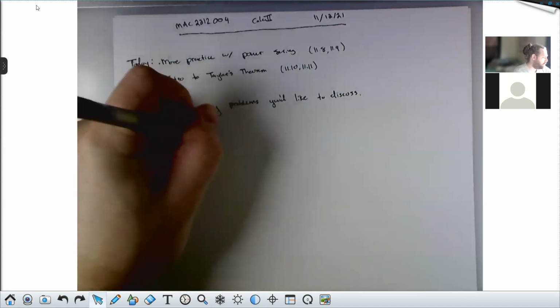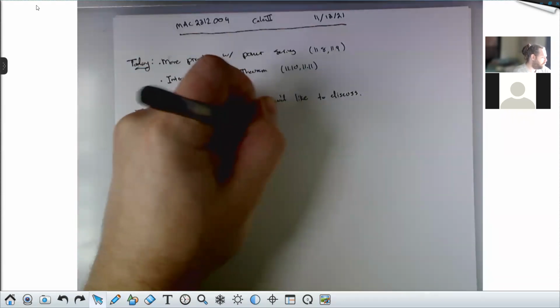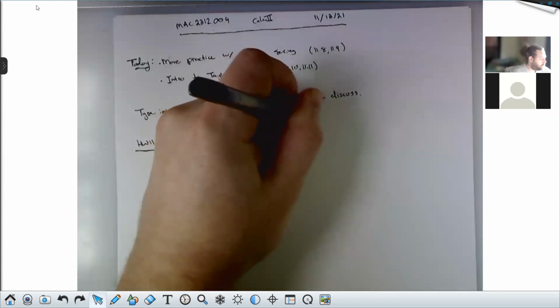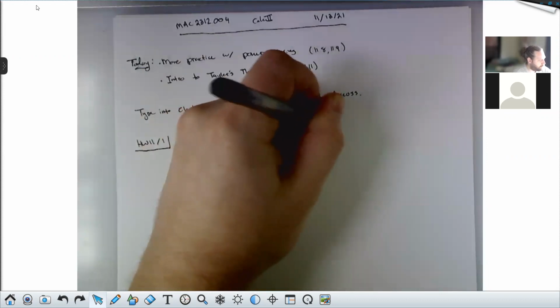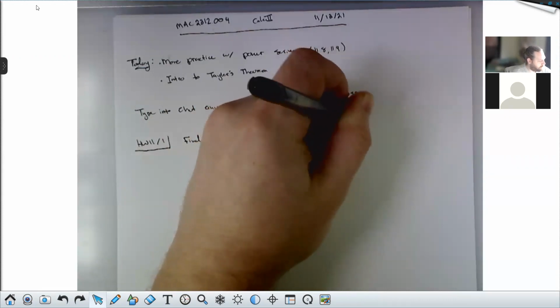Find ROC and IOC for the series sigma n equals 1 to infinity of 2 times negative 1 to the n times x to the n.